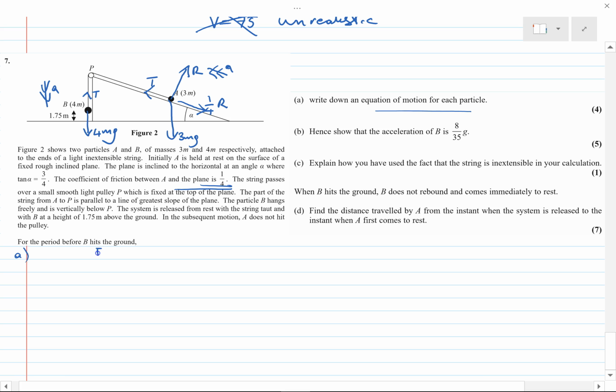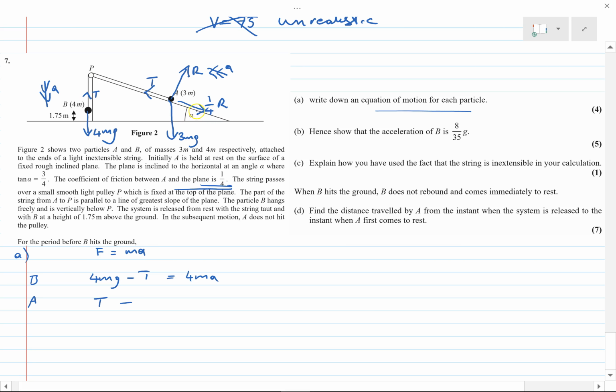As always through these questions, we apply F equals ma to each individual particle. For this one here, that's easy. We've got 4mg going downwards, T going upwards, equal to 4ma. For the particle A, going upwards is T, but we've also got the component of the weight and the friction.